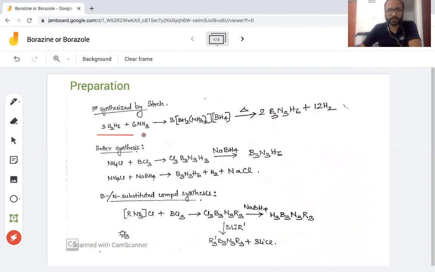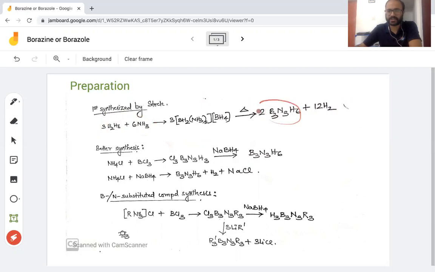The first preparation of Borazine was the one that I discussed when I talked about the reactions of diborane. When you treat diborane with ammonia in a 1:2 ratio, it forms Borazine, which has a general formula of B3N3H6.